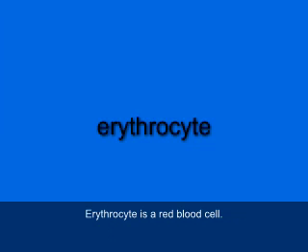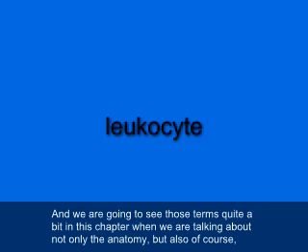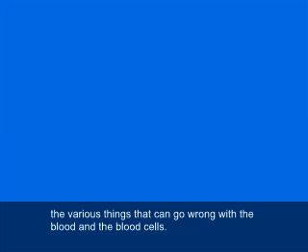Erythrocyte is a red blood cell. The term for a white blood cell is leukocyte. And we're going to see those terms quite a bit in this chapter when we're talking about not only the anatomy, but also, of course, the various things that can go wrong with the blood and the blood cells.